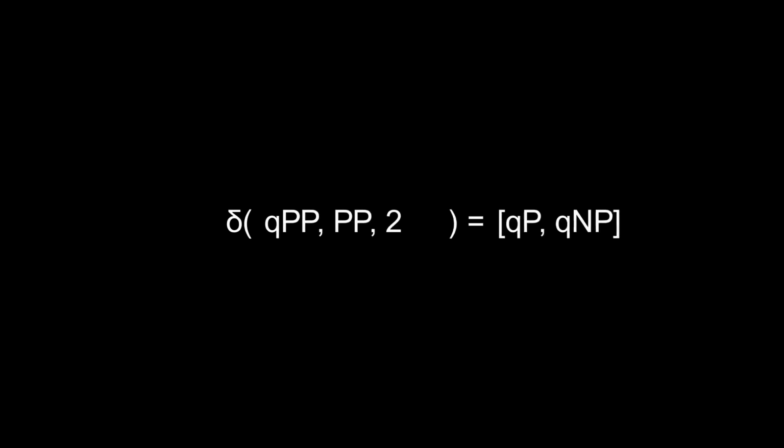So let's see some of these top-down rules. Each takes a state, a symbol, and a number, and returns a list of states. What this rule means is that if the node we are at has a state QPP, and we read PP, and the node has two children, then the states of those children must be QP and QNP in that order. Let's see some more.